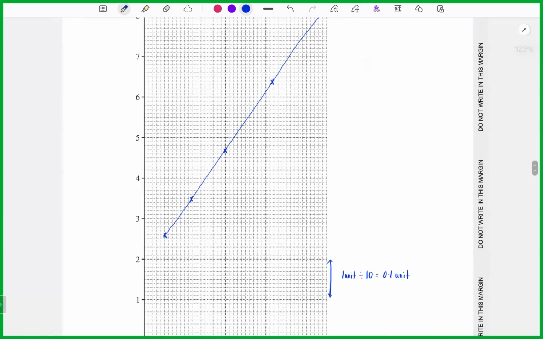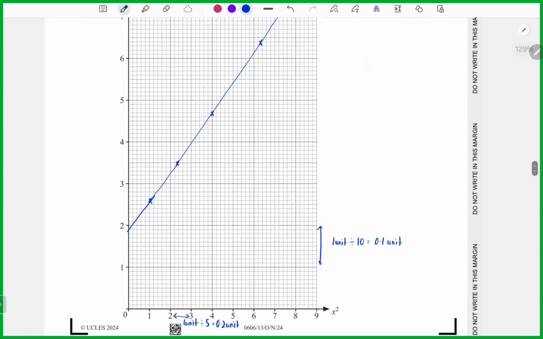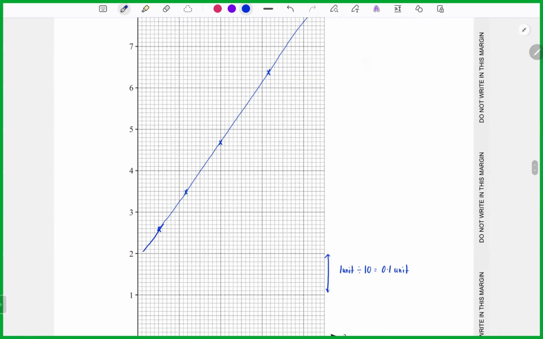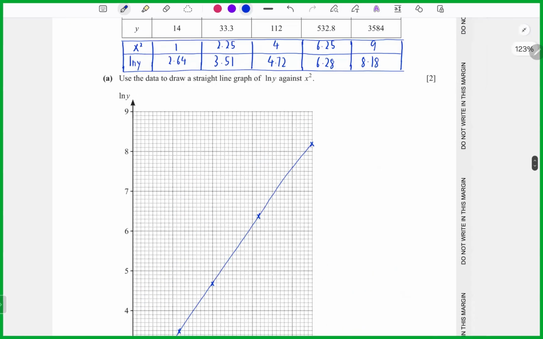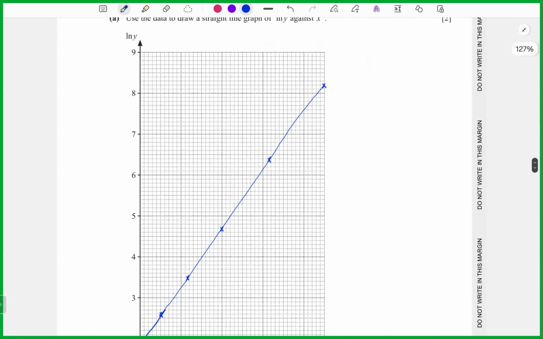And then we connect it to the y-intercept. So this is your y-intercept here. All right, so now we have completed the straight line graph for ln y against x squared.